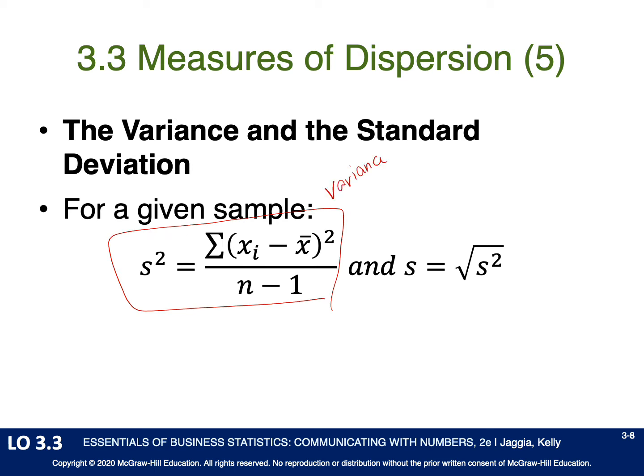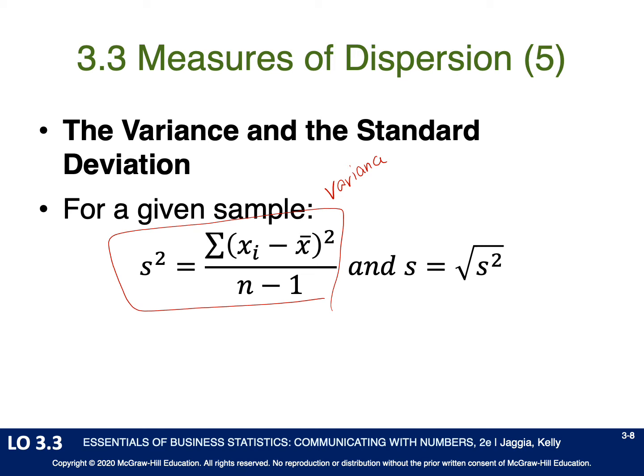And again, the variance is looking at how clustered around the mean the observations are. If the observations are all very close to the mean, or a lot of them are close to the mean, then we'll have a very small variance. As they are more spread out from the mean, then we'll have a larger variance.